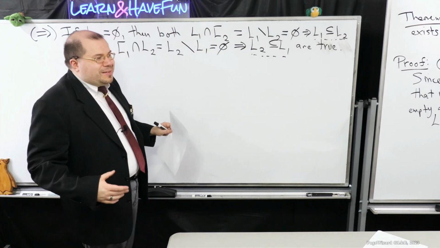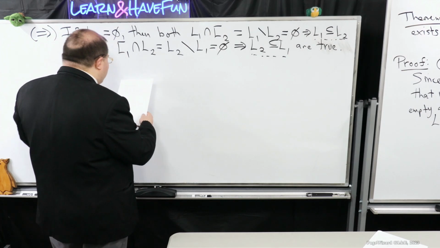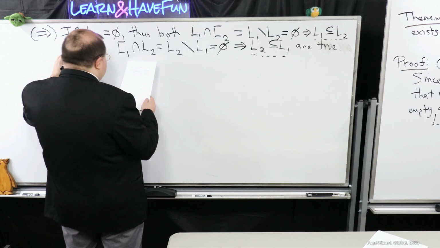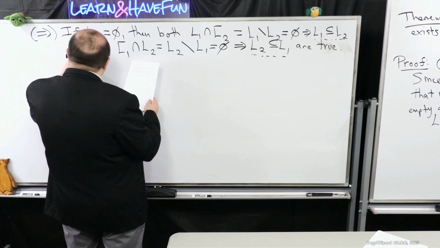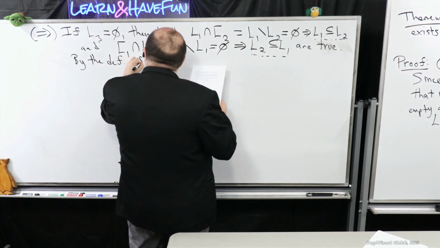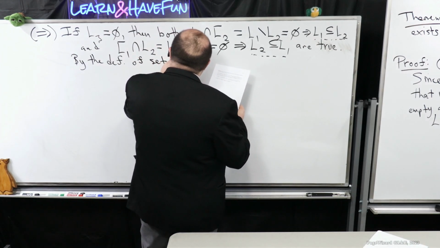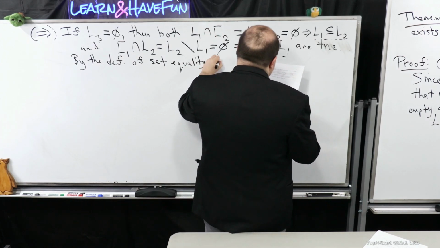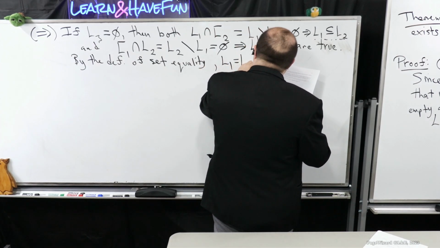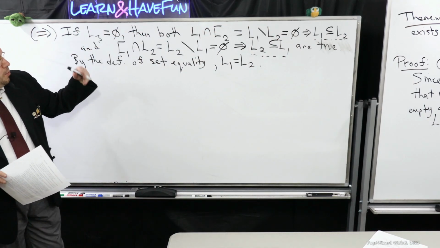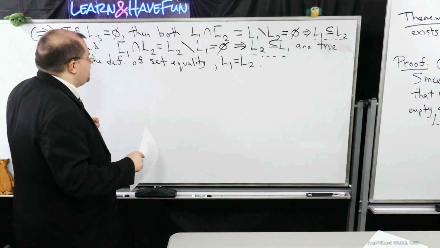They're equal by definition. That's what set equality means. So by the definition of set equality, L1 is equal to L2. So if L3 is empty, then L1 is equal to L2.